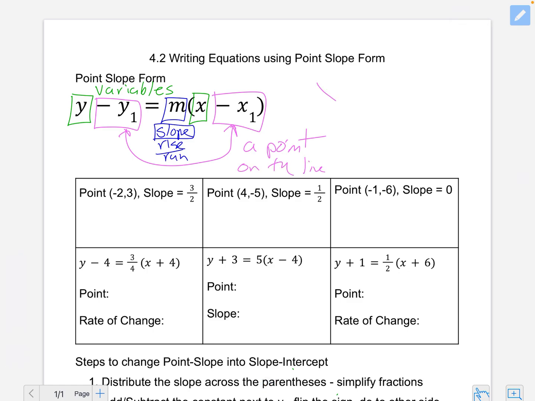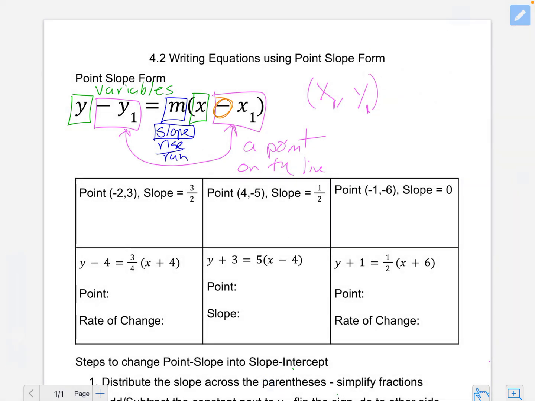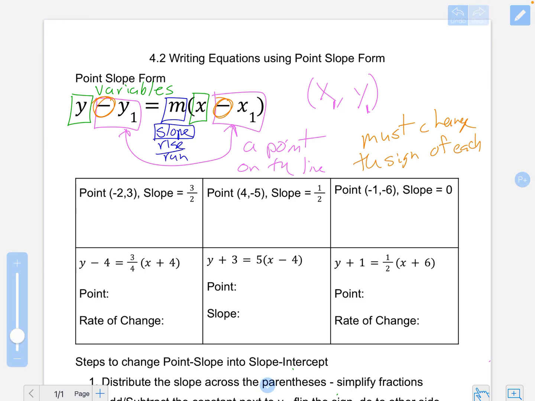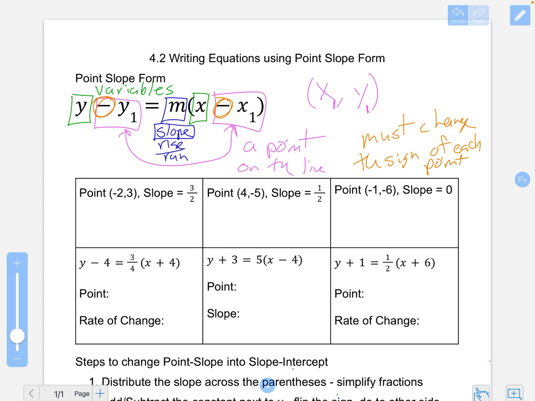Normally when we have points, we write them x comma y, and so we turn the x into x1 and the y into y1. The key thing about these in this equation is the negative. We must change the sign of each point.